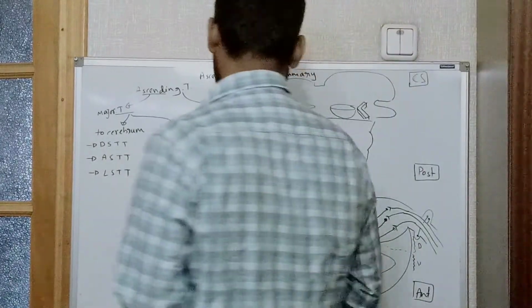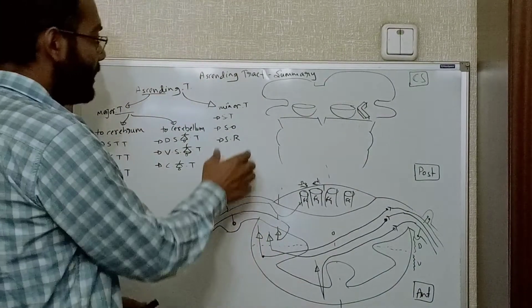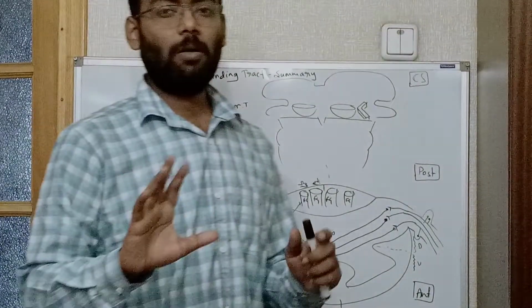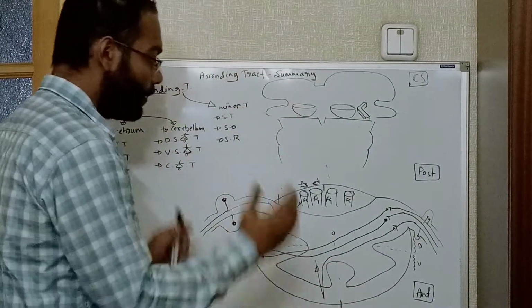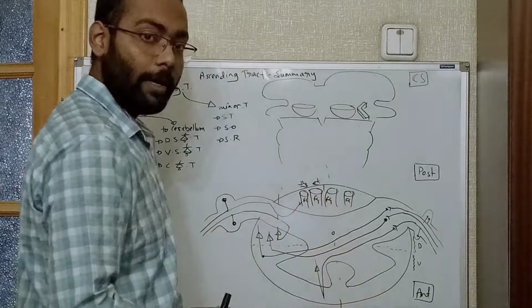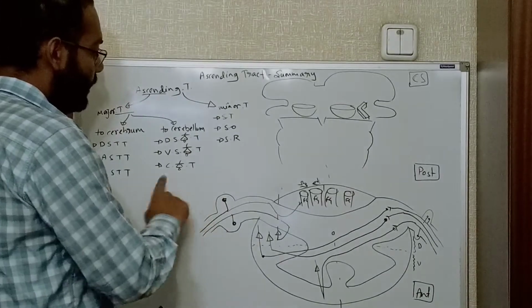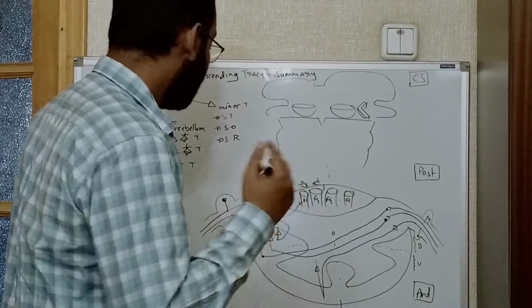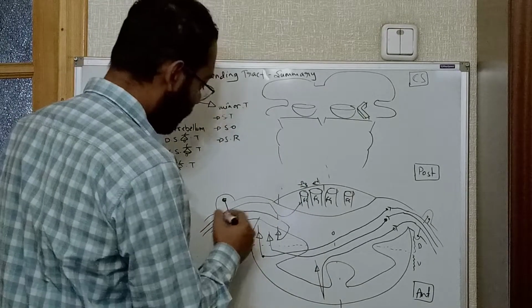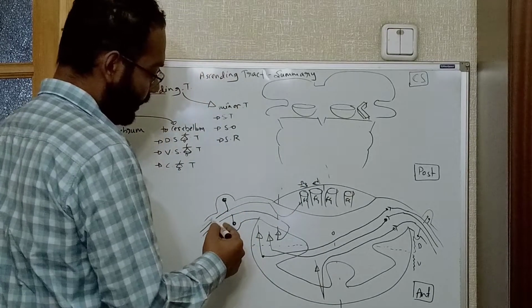For these minor tracts, it is not necessary for you to know, but I will tell you later. For now, you have to remember this section. And last we are left with the cuneocerebellar tract. It is another interesting fellow. Let's say one fiber is coming like this.